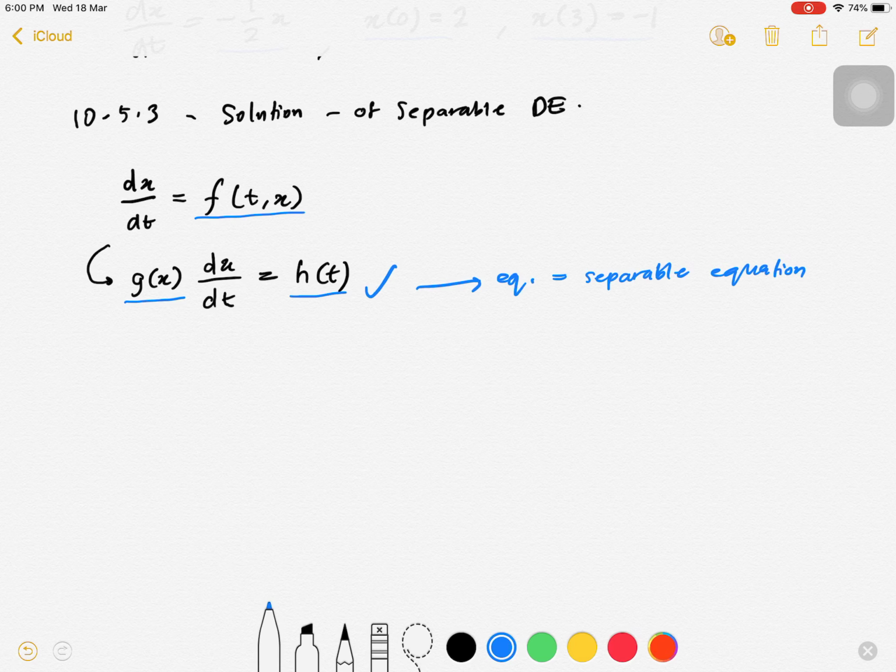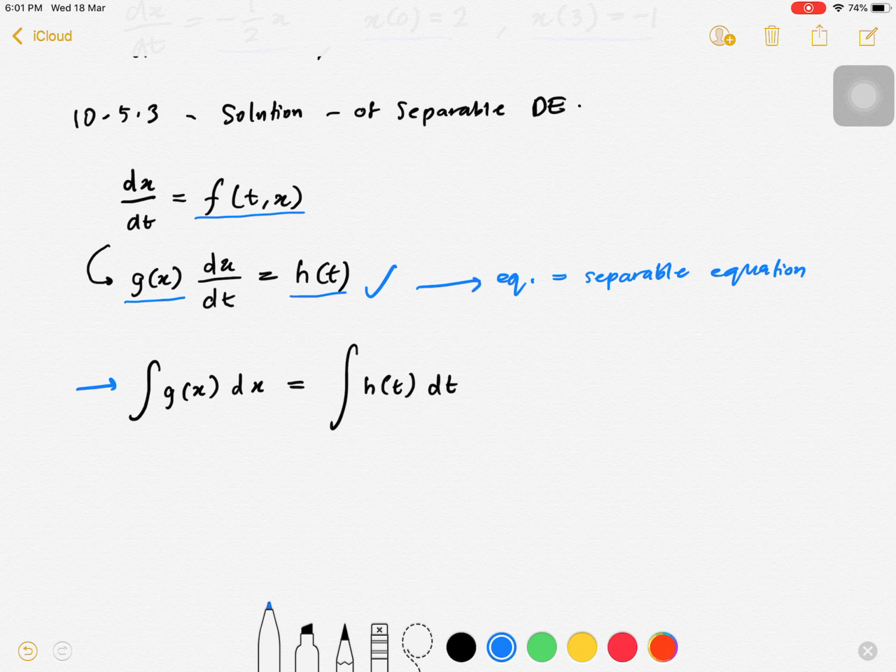So when this happens, there is a derivation you can read in the book, but I want to go straight to the answer. You can get that the integral of g(x) dx is equal to the integral of h(t) dt.